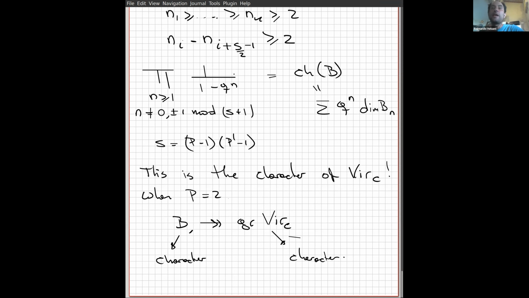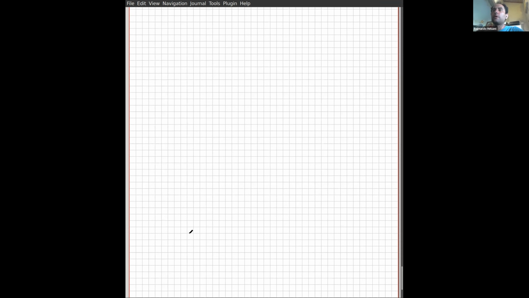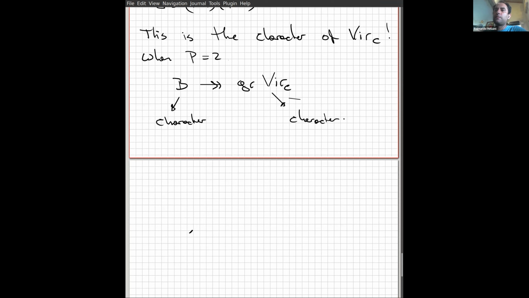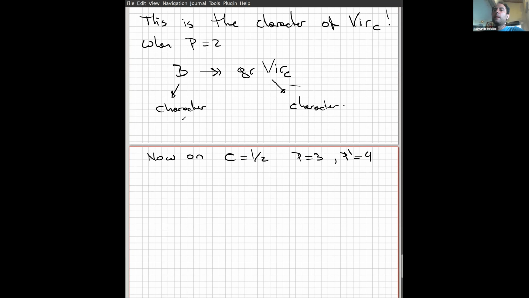It turns out that in degree 9, they are different. So from now on, I'm going to fix c equal to 1/2, p equal to 3, p prime equal to 4. And the character differs in degree 9. So in degree 9, there's something in the kernel, and it's of dimension 1.